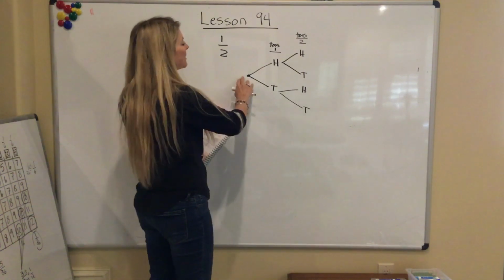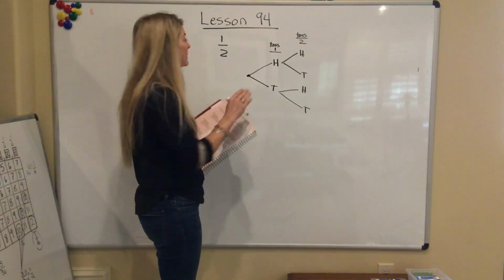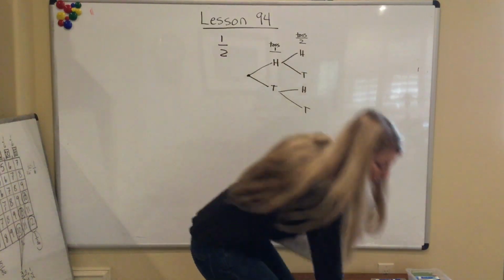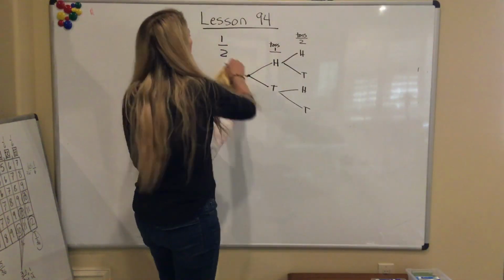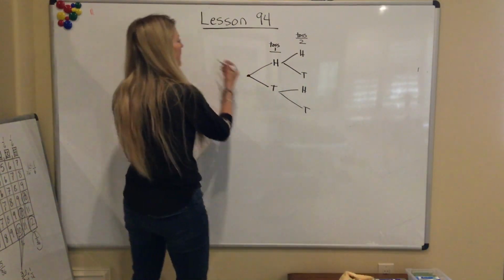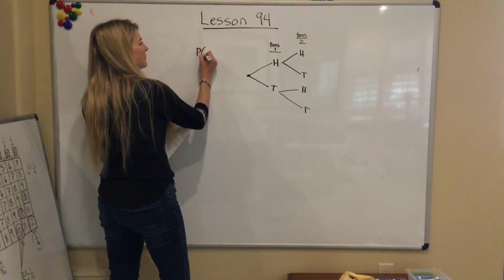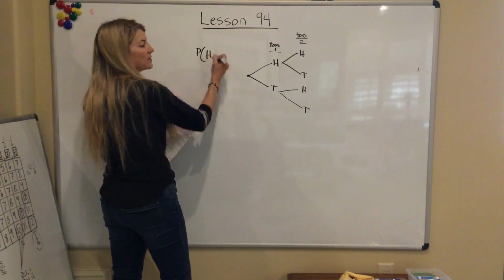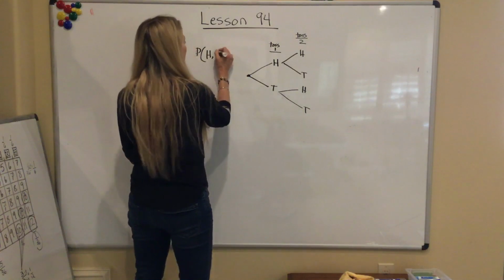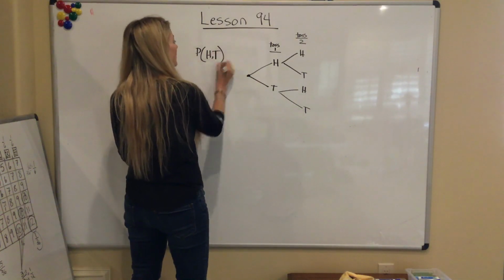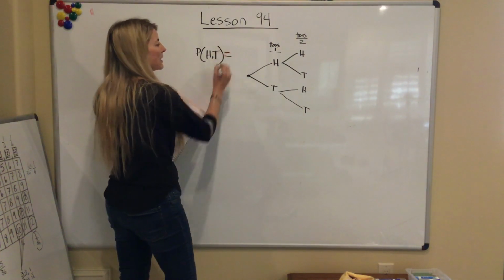Now, the way that we would calculate the probability is, what is the probability that I get heads on one toss and then tails on the second toss?